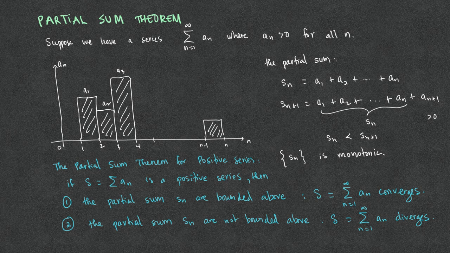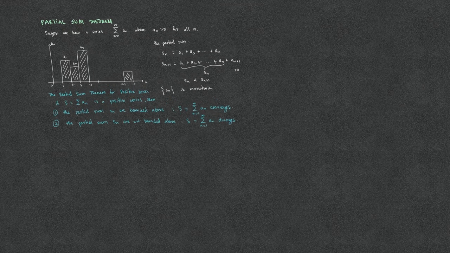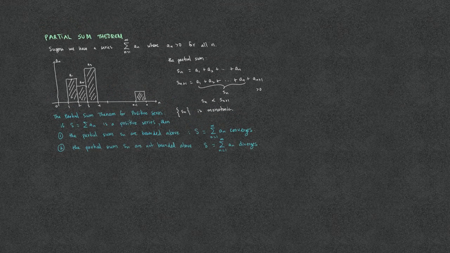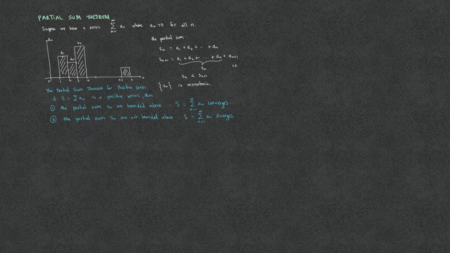What this theorem implies is that if we have a sequence of the partial sums, remember that we start out with a series a sub n where the a sub n terms are positive. The sequence of the partial sums S sub 1, S sub 2, S sub 3, and so on, is an increasing sequence, therefore it is monotonic.